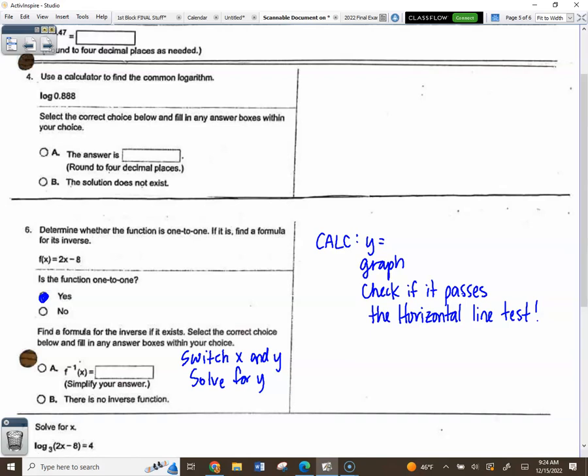Did I make those notes for you? The answer key? I didn't say go to the calculator. I just said, yes, it's 1 to 1 since it passes the horizontal line test. But you would determine that by looking in the calculator at the graph.